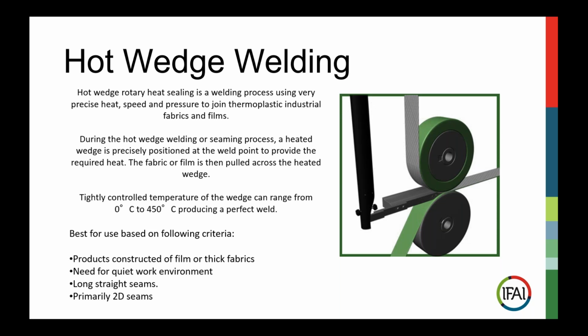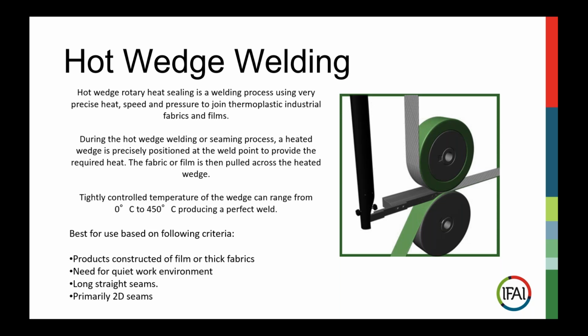During the welding process, the hot wedge is positioned into the weld rollers or wheels, as you see in this picture here. The material would go on top and below the wedge. So you're actually not welding on the outsides of the materials to bond. You're actually welding in the middle of the materials themselves, the backsides of the materials.